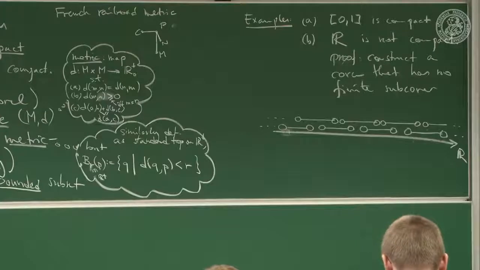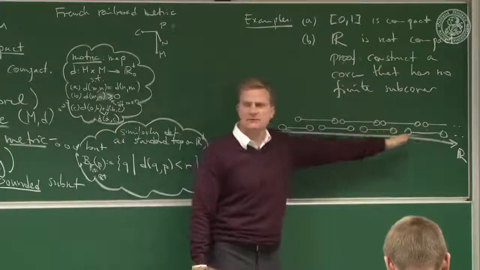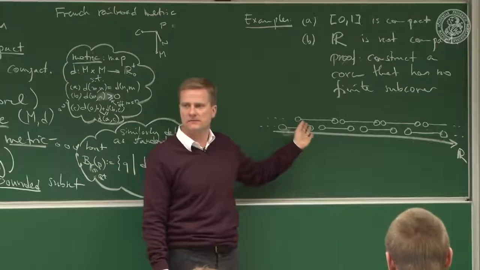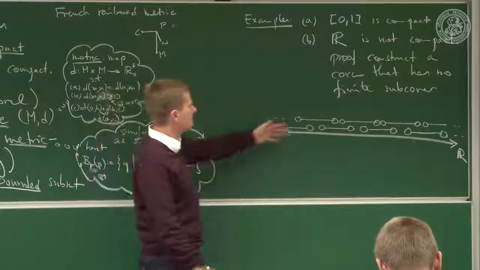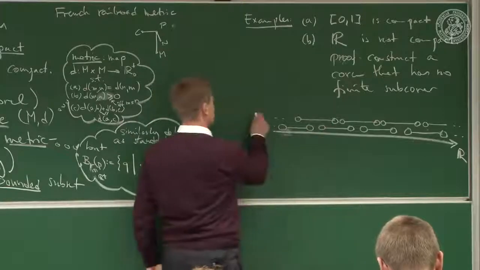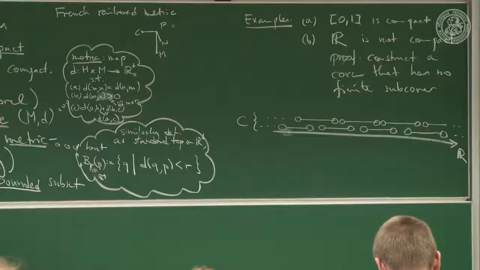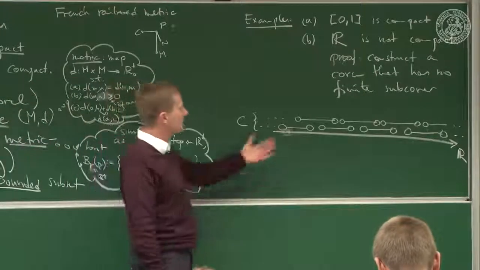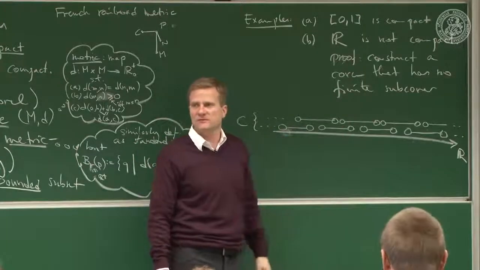If I take them all together, it's a collection of open sets, and they cover the entire line, because their union covers the entire line. Okay? But it has no finite subcover. This is the set C. This obviously has infinitely many elements. Now, if you want to find a subcover that's finite, you have to take some of the elements away, obviously.